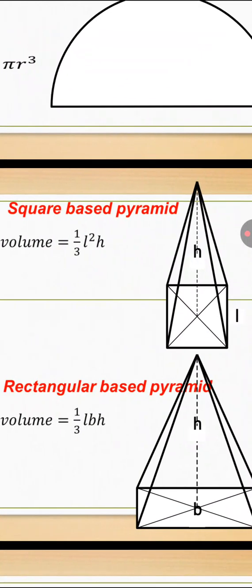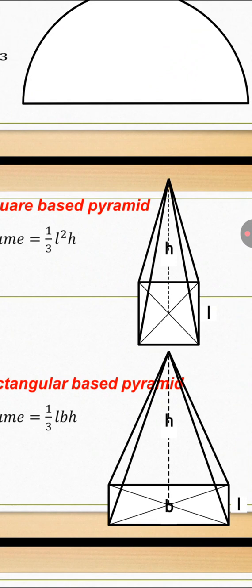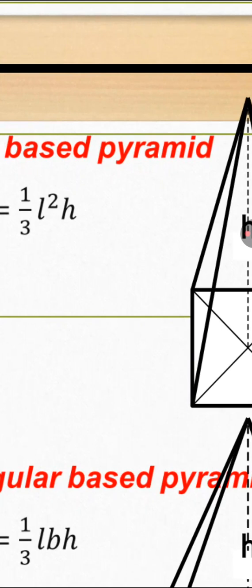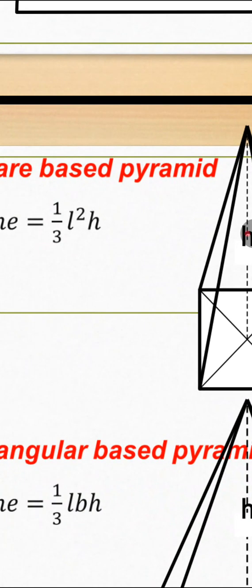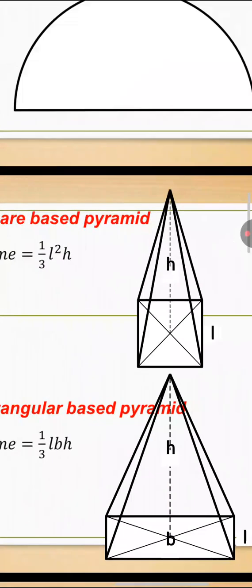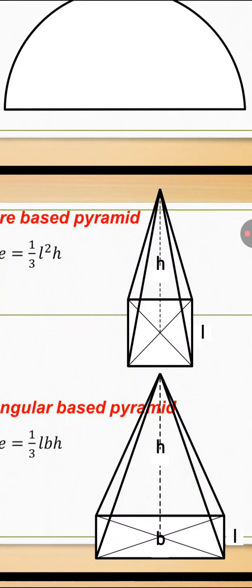All right. Let's look at the square base pyramid. As usual, the base is made up of length times length. So that's a square. So the base is length times length, L squared, times the perpendicular height. Then we introduce 1/3 because if you look at the shape, it's 1/3 of a cube. So you introduce 1/3 in front of it.